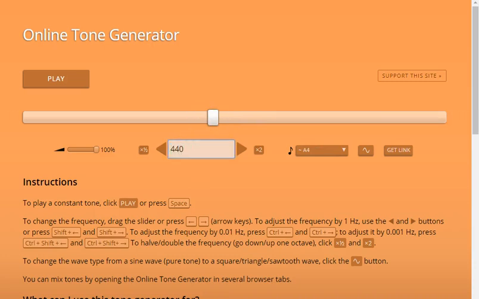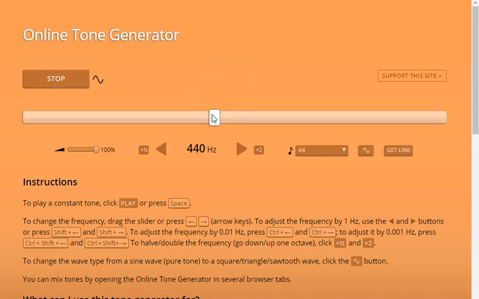Now I've got to go to the other one, and we're going to make this 444. Now what you hear is a fluctuating sound that vibrates about 4 times per second because they are exactly 4 hertz apart in frequency.